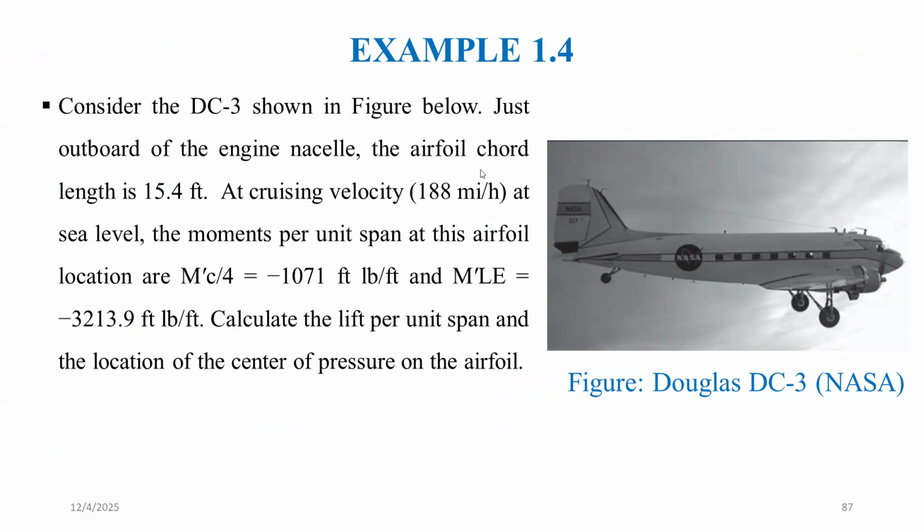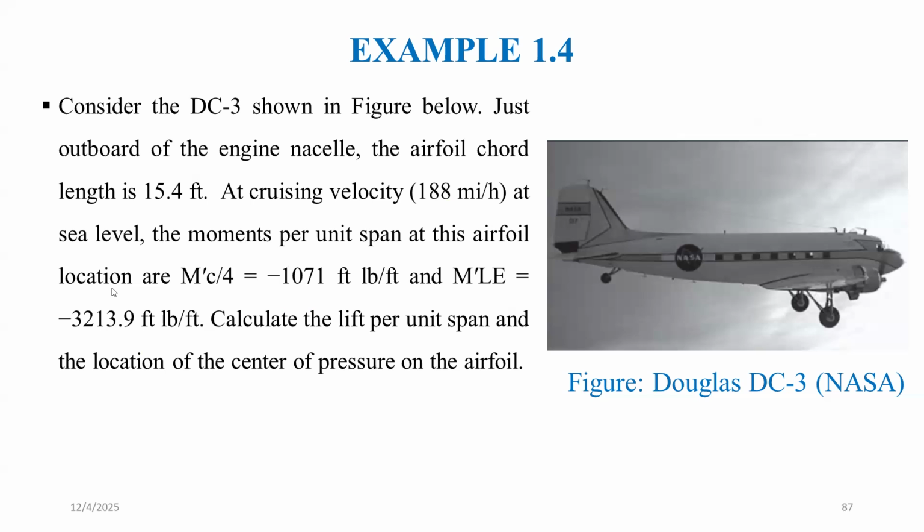For that, the chord length is 15.4 feet, at a cruising velocity of 188 miles per hour at sea level, and the moment per unit span about the quarter chord, Mc/4, is equal to minus 0.71.